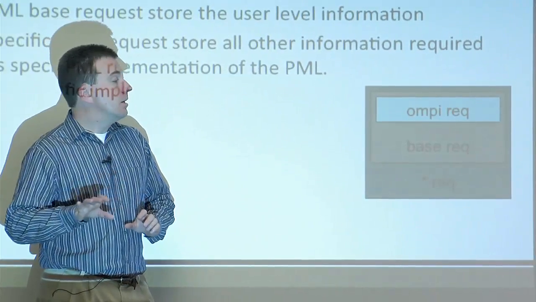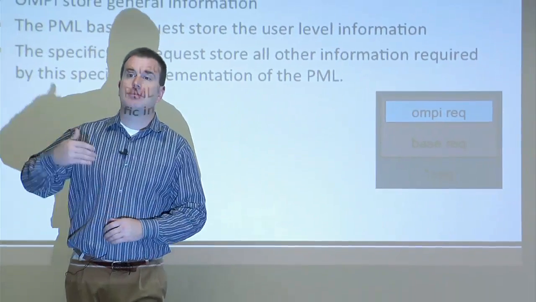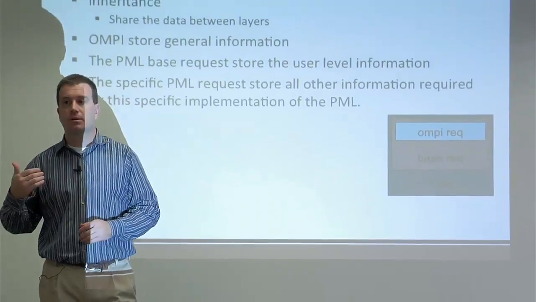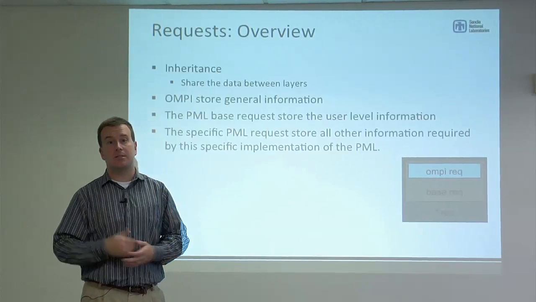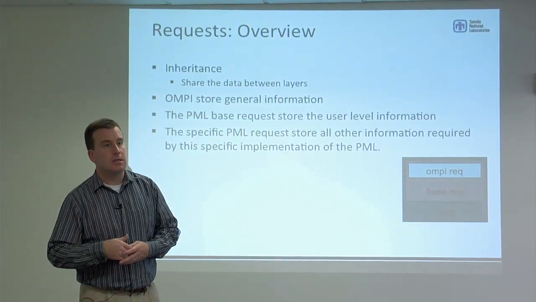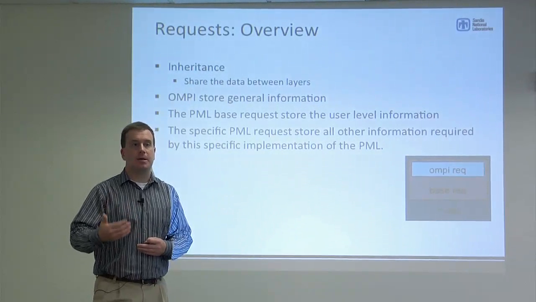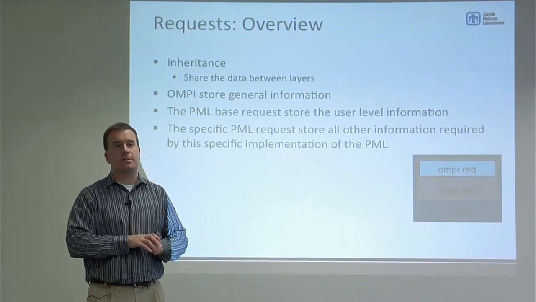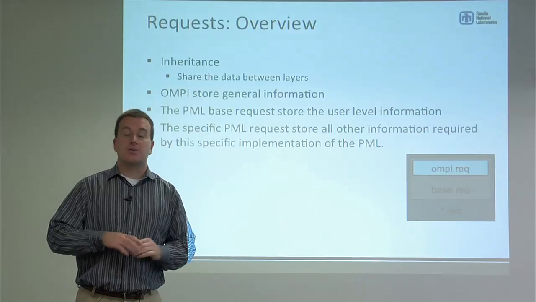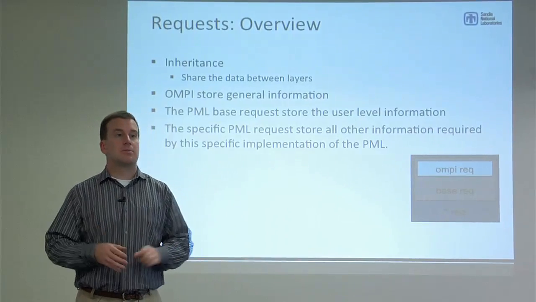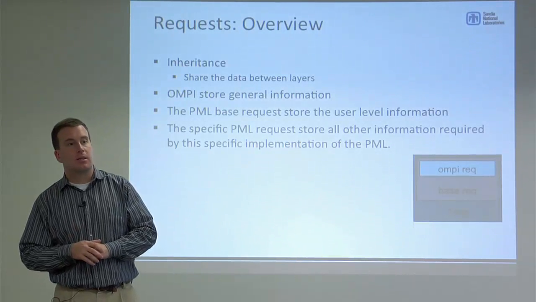So the OB1 PML, which is the point-to-point messaging layer for the BTLs, will have things like which BTL sent this message, whereas the CM PML, which is the one that uses those matching transport layers we talked about earlier that we said we're never going to talk about again, has a totally different structure because all it has is a pointer to the request handle that came back from the low-level device.